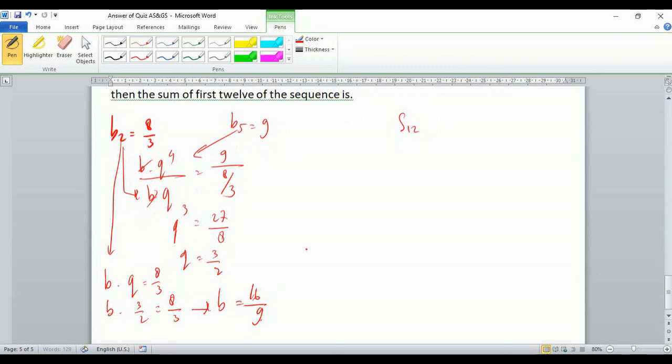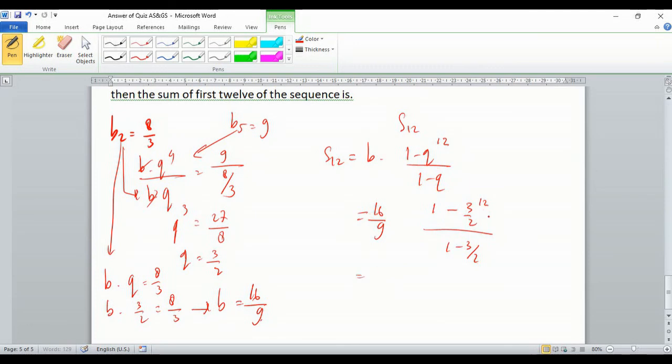So we have the b 16 over 9, and S12 is equal with the b times 1 minus k power 12 over 1 minus k. So the b is 16 over 9. And then 1 minus 3 over 2 power 12 over with the 1 minus 3 over 2.